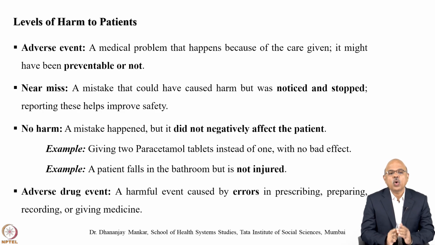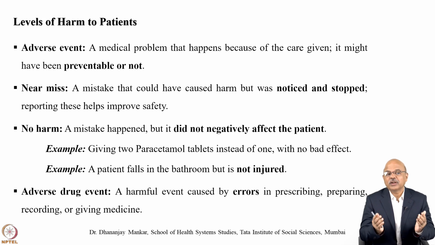The third is no harm. A mistake happened, but it did not negatively affect the patient. It has happened, but it has not resulted in a level that you would call a patient safety issue. An example can be giving 2 paracetamol tablets instead of 1, but with no bad effects.